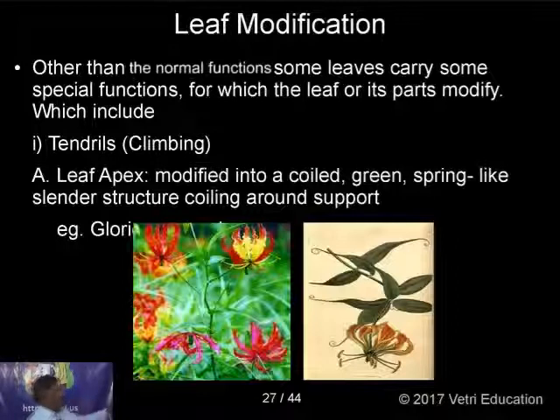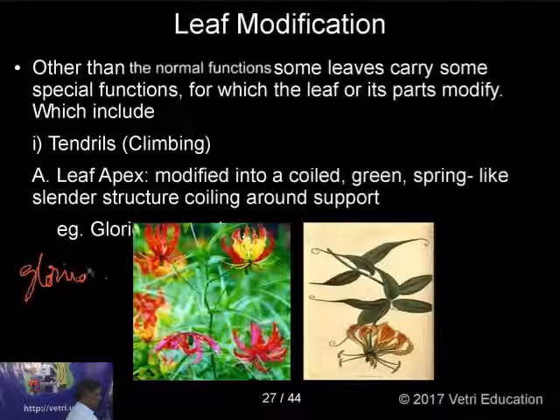Sometimes the leaf apex is modified into a climber. Here you can find it in Gloriosa: the tip of the leaf is modified into a tendril for climbing purpose. This is the Gloriosa plant.